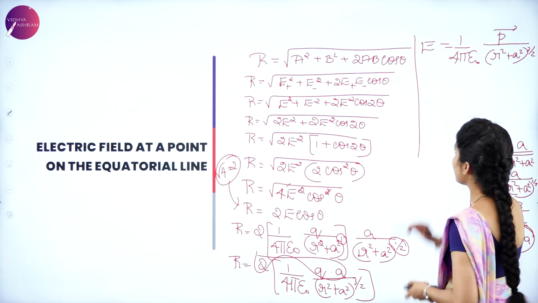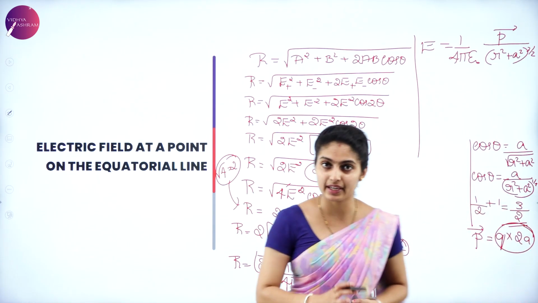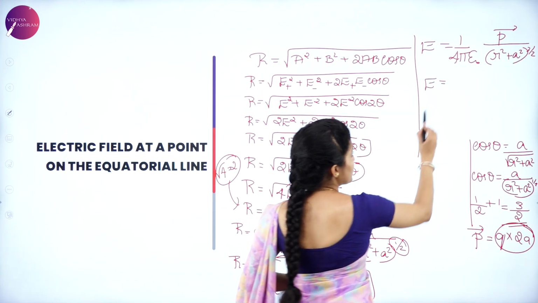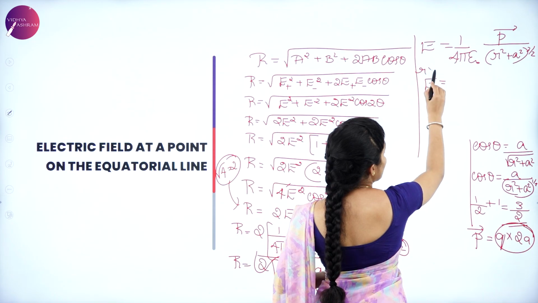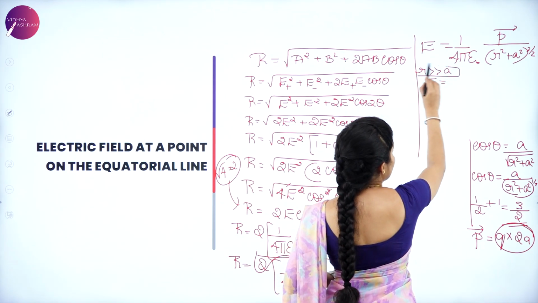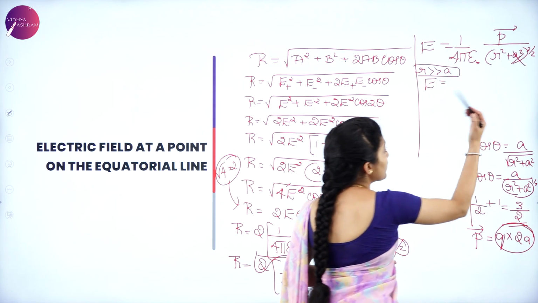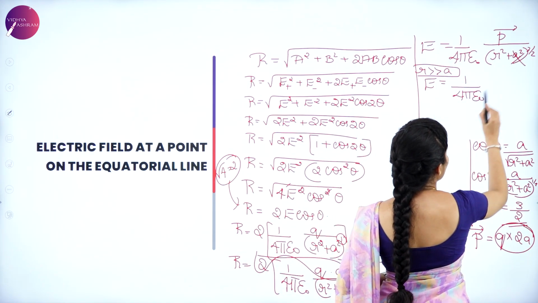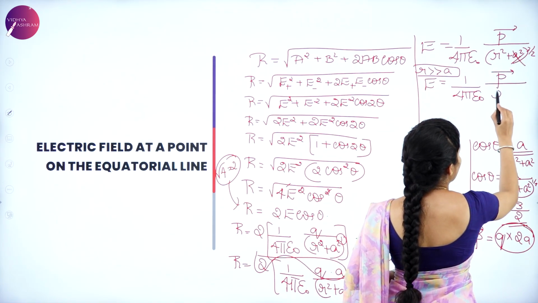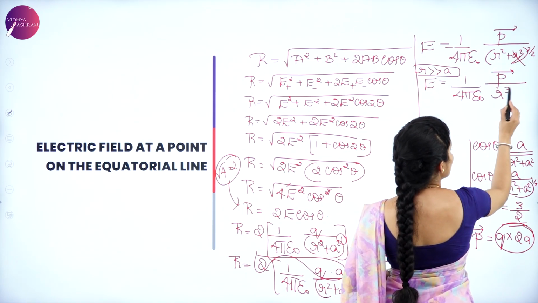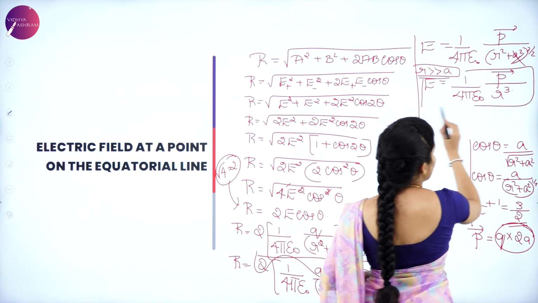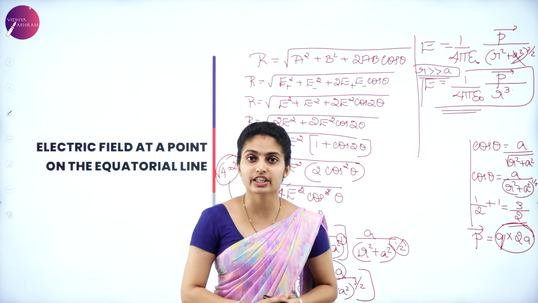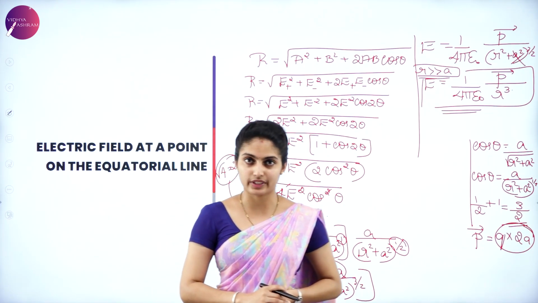Now suppose your R is very much greater than A, then A can be neglected. On neglecting this A, you will have 1 by 4 pi epsilon naught P vector divided by R square, and the squares cancel, so it is just R cube that will be present over here. So that is all about the electric field at a point on an equatorial line.